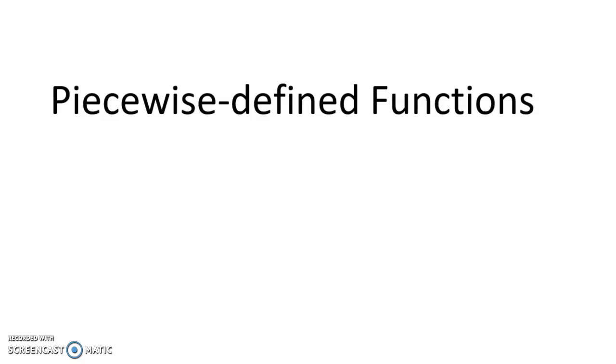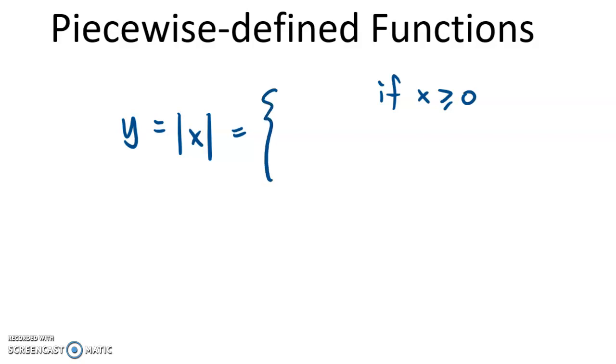In this video, we'll talk about piecewise-defined functions. Believe it or not, y equals absolute value of x is actually a piecewise-defined function because when your x is positive or 0, the absolute value of x will equal x.